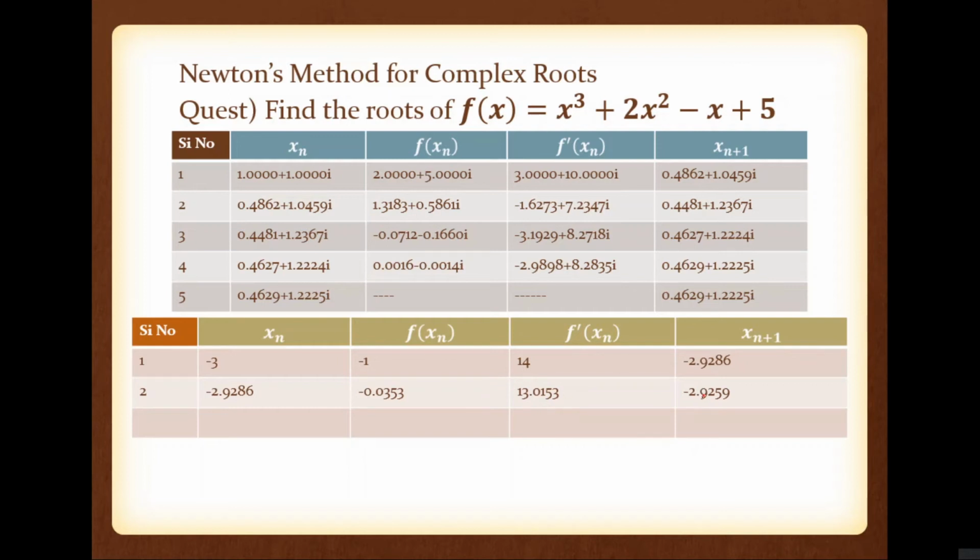So the new xn plus 1 is minus 2.9286 minus 0.0353 divided by 13.0153. So this one minus this one divided by this one. So we have minus 2.9259. Okay, so that one is second iteration.